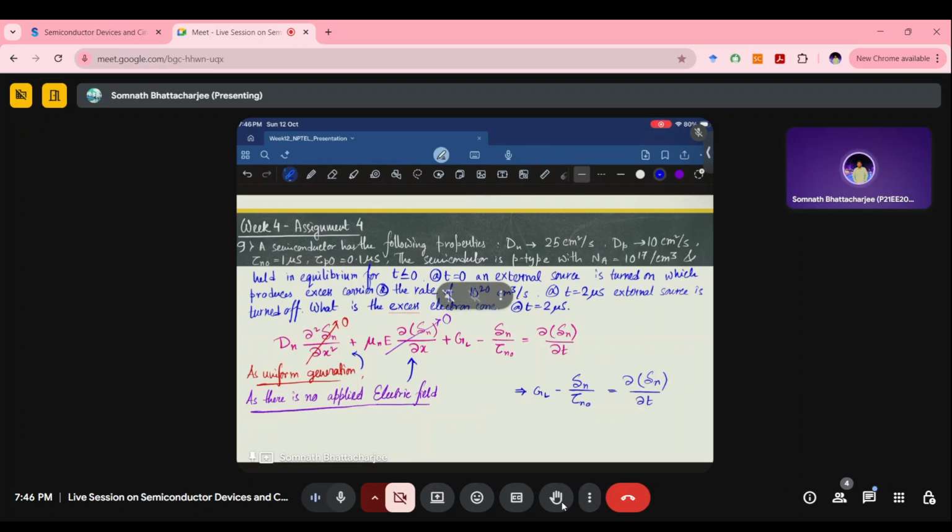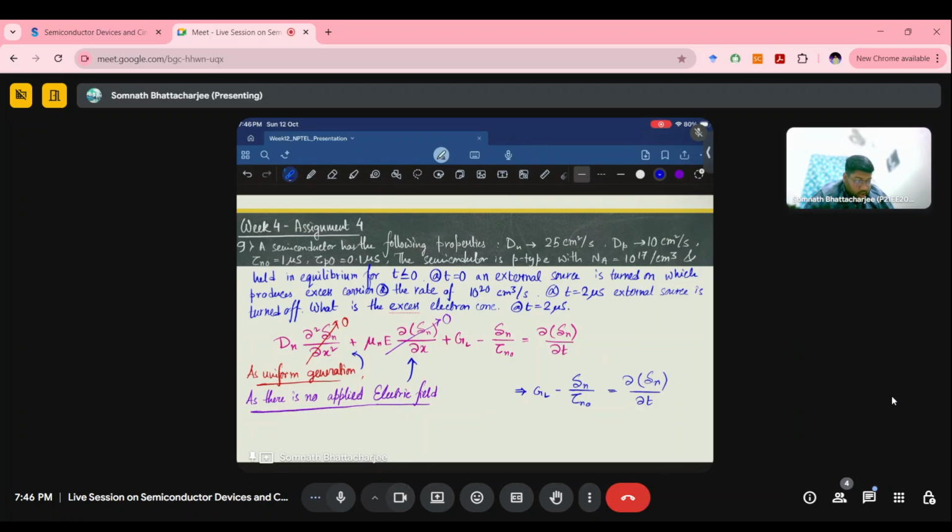So first, let me just turn this on. First I'll give the solution of this, and I'll complete the question, and after that I'll complete the integration. Okay, so I'll do that. Okay, sir. Yeah, just a second.